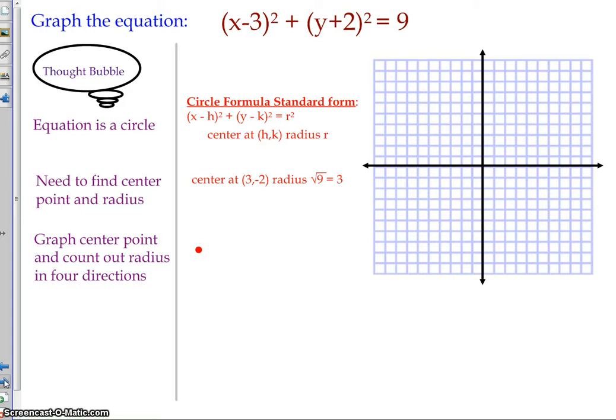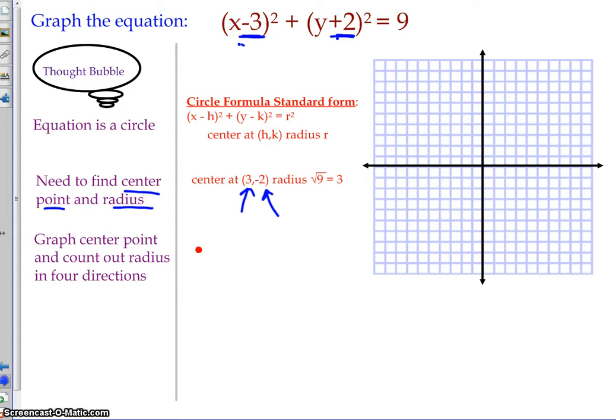We need to find the center point and the radius. Well, the center point is the opposite of what's here and the opposite here, kind of what makes my x a 0 and what makes my y a 0. So that's where I got the positive 3 and the negative 2. For the radius, I had to take the square root of the 9 to get 3.